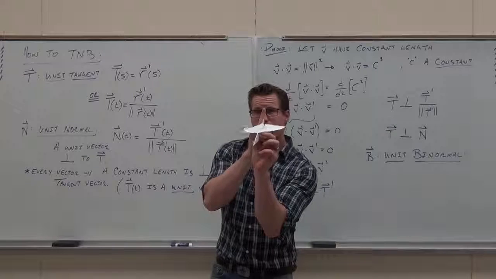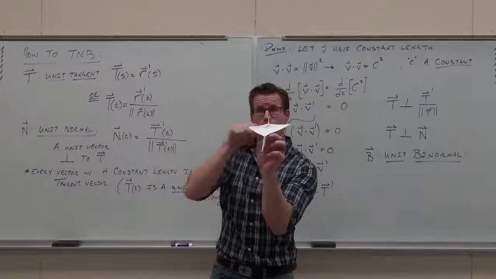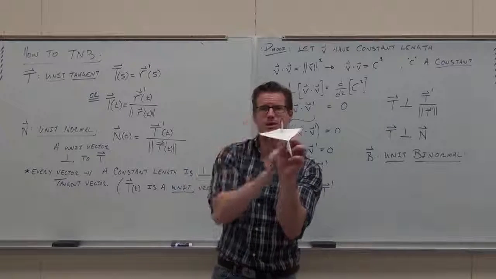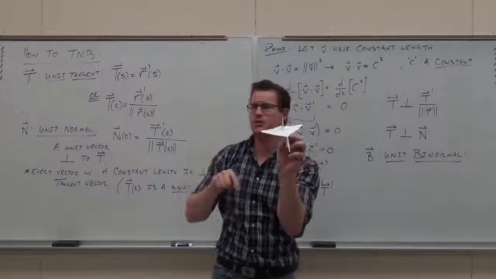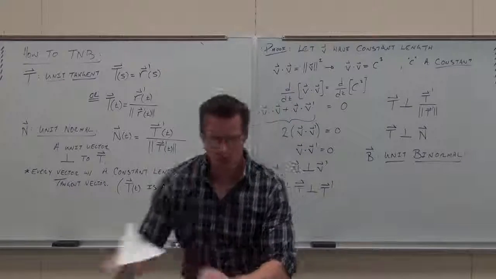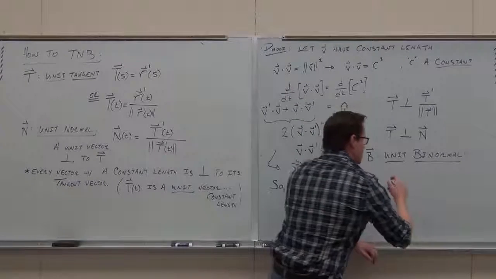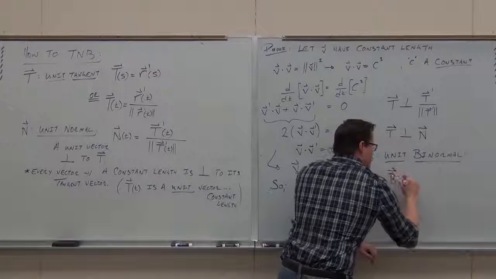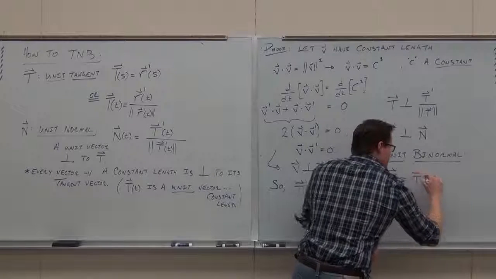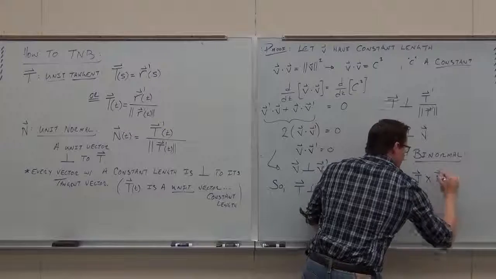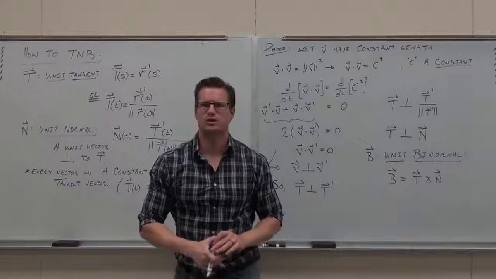How do you find a vector that is perpendicular, orthogonal, to both of them? Here's t, here's n, I want this one. How do you do it? Cross product. So b, very easy. B, therefore, has to be equal to t cross n. That's the definition of what a cross product gives you.